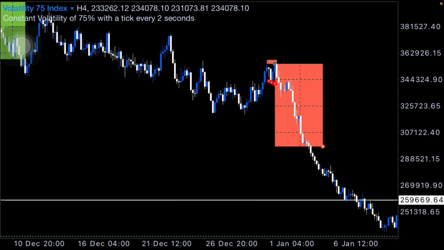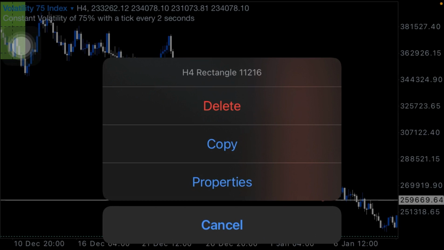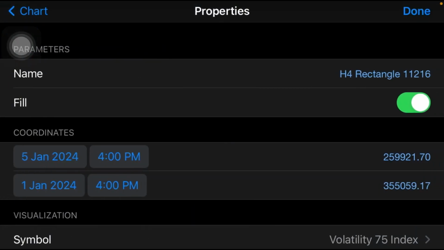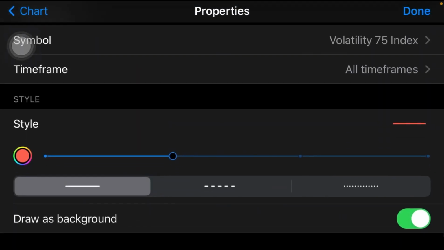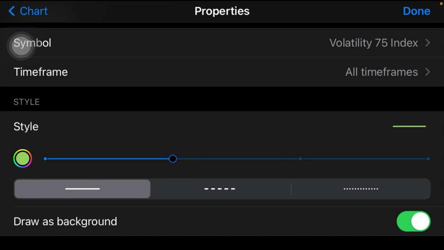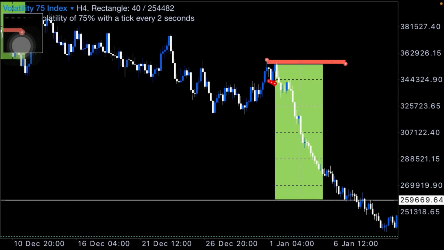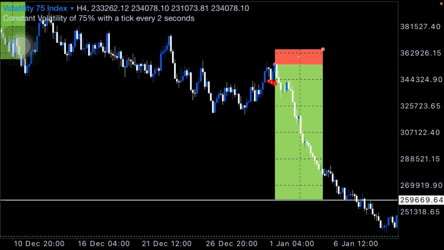Bringing it here like this, stretch it to this line. Let me change its color to green, indicating that it is a profit. All right, so this is how this trade will also play out.